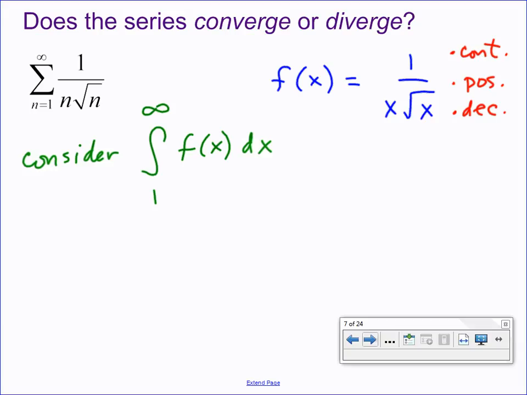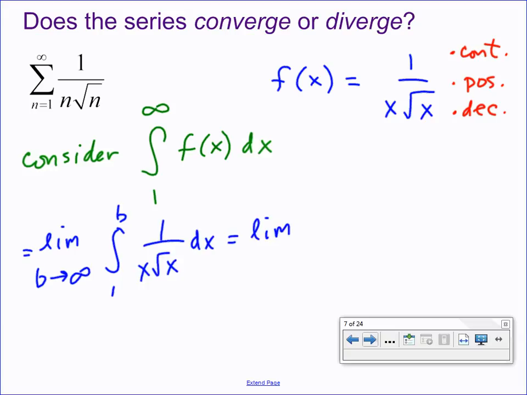All right, so for us that would be the limit as b goes to infinity of the integral from 1 to b of 1 over x root x with respect to x. That in turn is given by the limit as b goes to infinity of the integral from 1 to b of, can we make that cleaner? x times root x. We saw that kind of in our homework. We can rewrite that as x to the what? 3/2 on bottom.